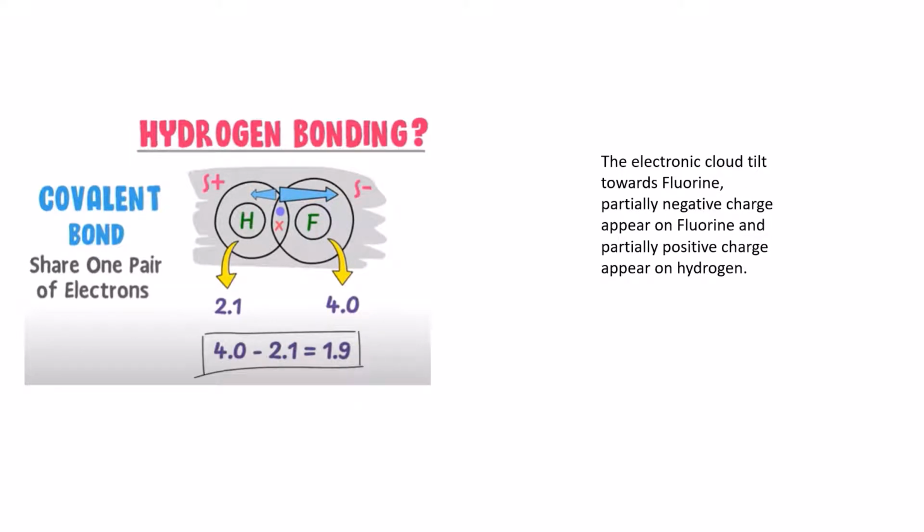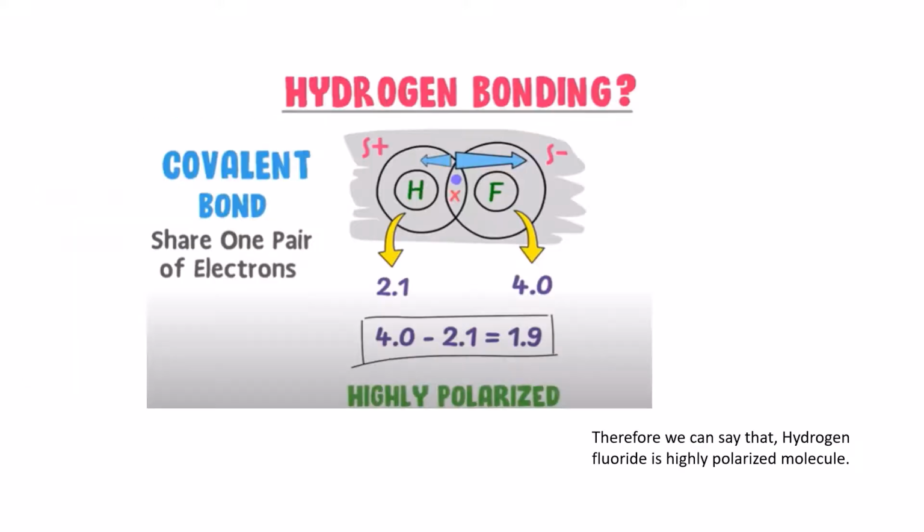The electronic cloud tilts towards fluorine. Partially negative charges appear on fluorine and partially positive charges appear on hydrogen. Therefore, we can say that hydrogen fluoride is highly polarized.